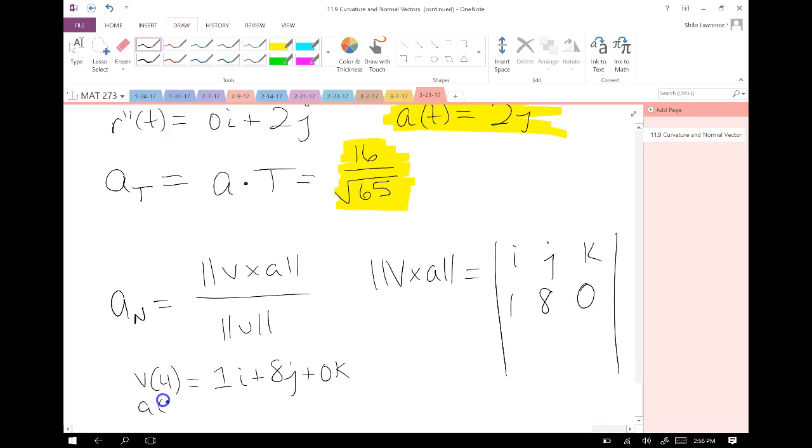A of 4, we had highlighted up here, was 0i plus 2j, and we're going to throw in a 0k. I had 1, 2, 0, 0, 0, but that's fine, it's subsequent zeros. So you have to plug it in.